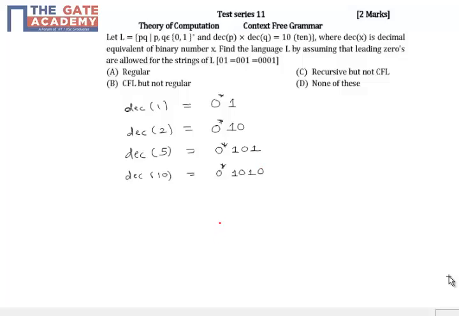Now we have string PQ in language L whenever the decimal representation of P multiplied by the decimal representation of Q is equal to 10.